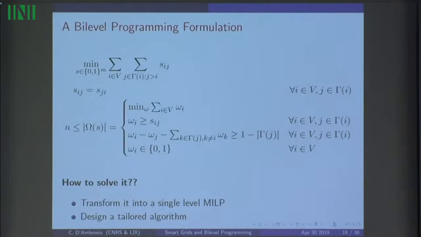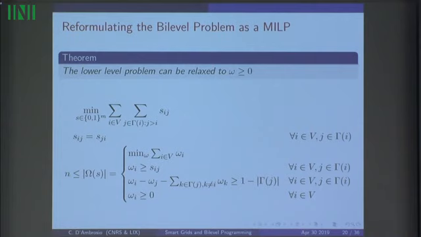A classical way of solving bilevel programming is to reformulate this. There are two ways basically. One is to get the KKT conditions, the optimality conditions of the inner problem. And the other is to transform this into its dual and get a single level problem. So this is what we will do.